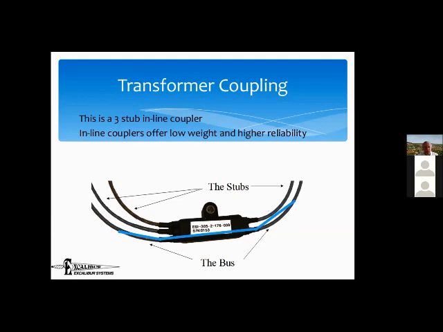And some couplers come with built-in terminators, especially the ones that are going to go on aircraft. This inline is meant for use in an aircraft. And the advantage over the box is that they're smaller and weigh less, and in some cases are better made. I believe in our case, we make them both well.